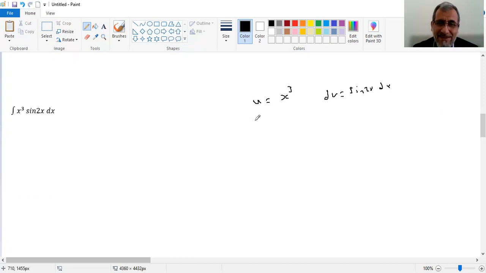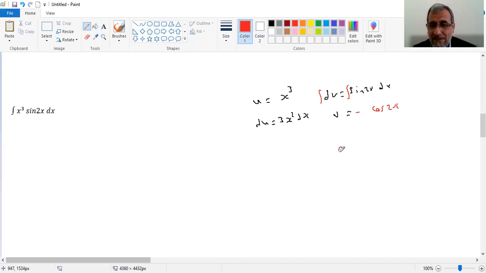The derivative du is equal to 3x squared dx. For v, the integral of sine is minus cosine, but the angle is 2x. What is the derivative of 2x? It is 2, so we need to multiply by 2 to find the integral in this way.